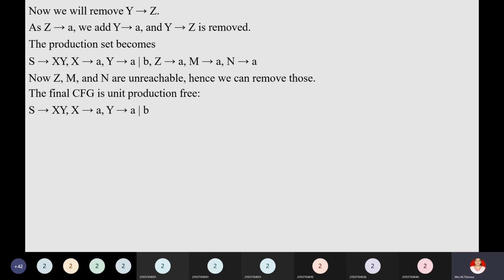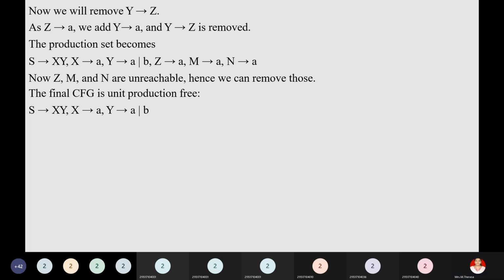So we have seen the first step, reduction of CFG. See here, we can understand that from S we cannot reach this Z, M, N. So these are all not reachable symbols or not reachable variables. So we can remove those not reachable variables with its production rules.